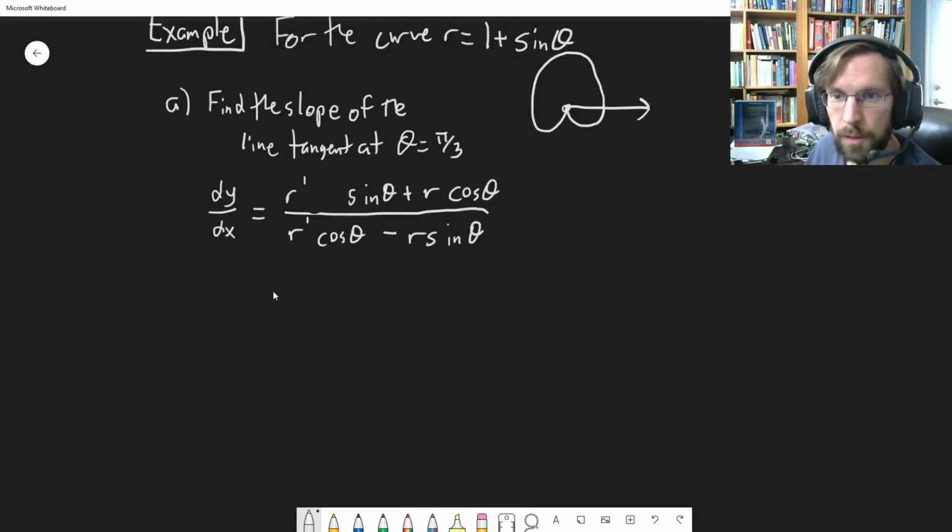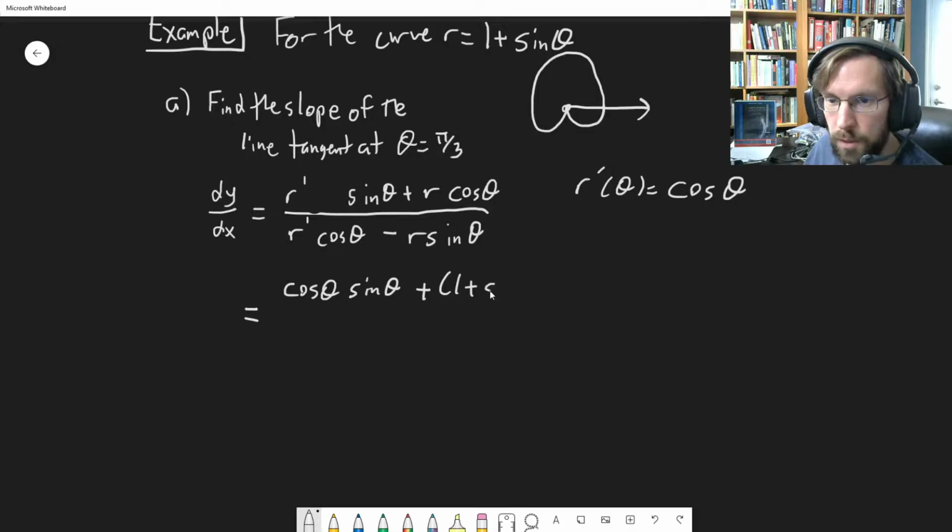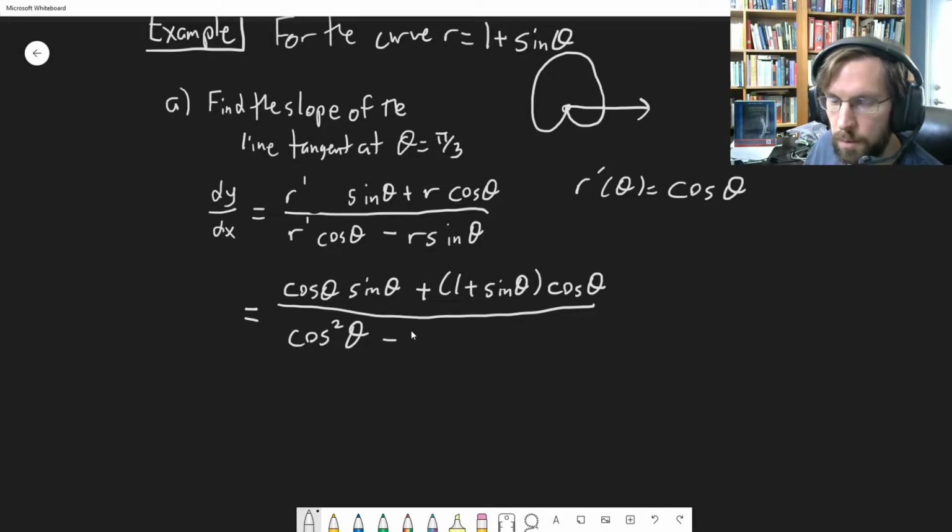Typically we write it like this. r prime is just the derivative of r with respect to theta, so in our case that's cosine theta. So this is cosine theta sine theta plus (1 plus sine theta) cosine theta, all divided by cosine squared theta minus sine squared theta.